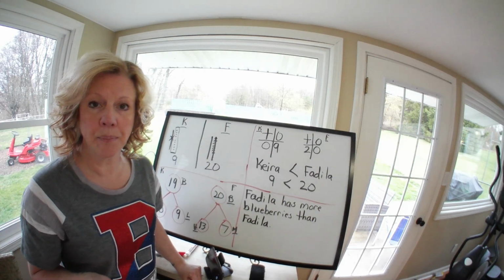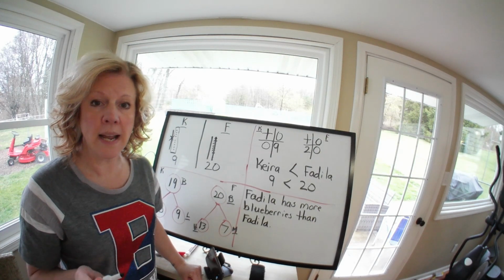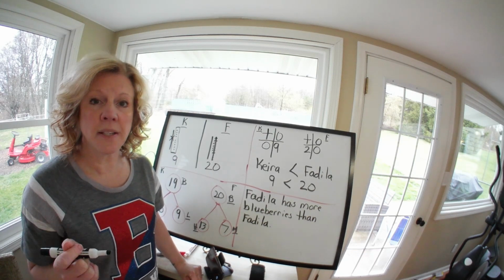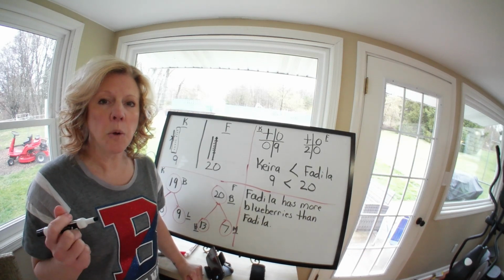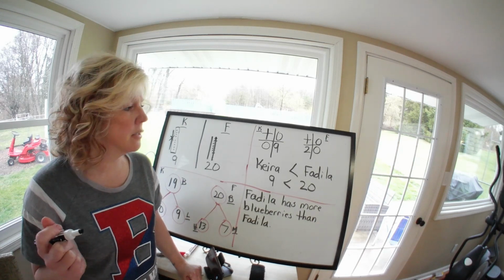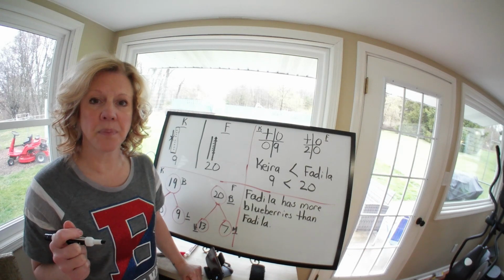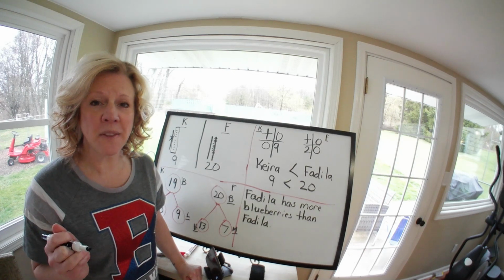See how we did that? Now, if you want to get tricky, one thing I want to ask you is this. How many more does Fadila have than Kira? Tomorrow you'll find out the answer.